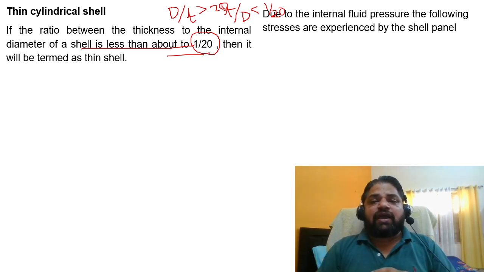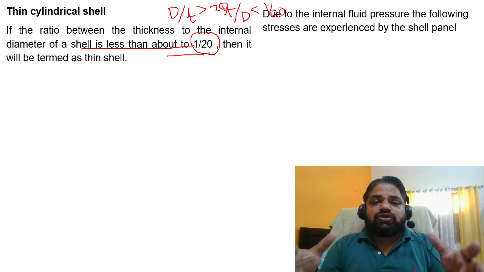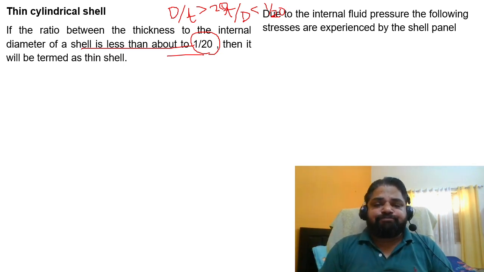Like a compressor: if you go to a cycle repair shop or a garage, to put pressure in the wheels of your cycle or your two wheeler, they have a compressor which stores pressurized fluid or pressurized air.